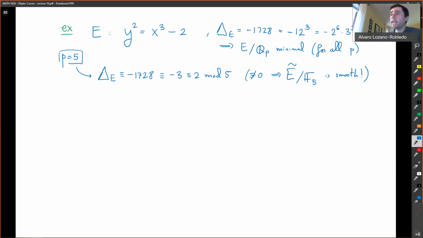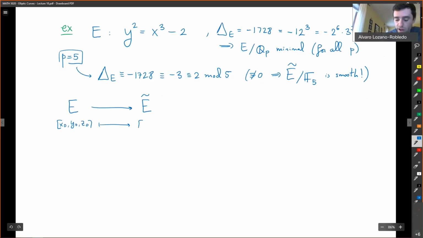Great. In any case, the reduction map that I'm interested in goes from E to E twiddle, and it sends points x naught, y naught, z naught to the reduction mod 5.